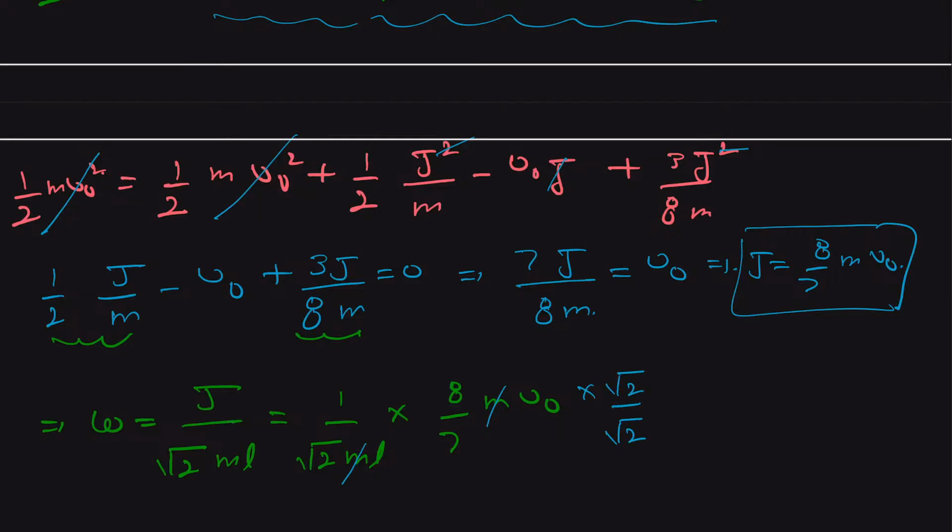So this comes as 2 goes by this and this goes by 4. So we get omega is equal to 4 root 2 divided by 7L times v naught. So this is our angular velocity which we were supposed to find out.